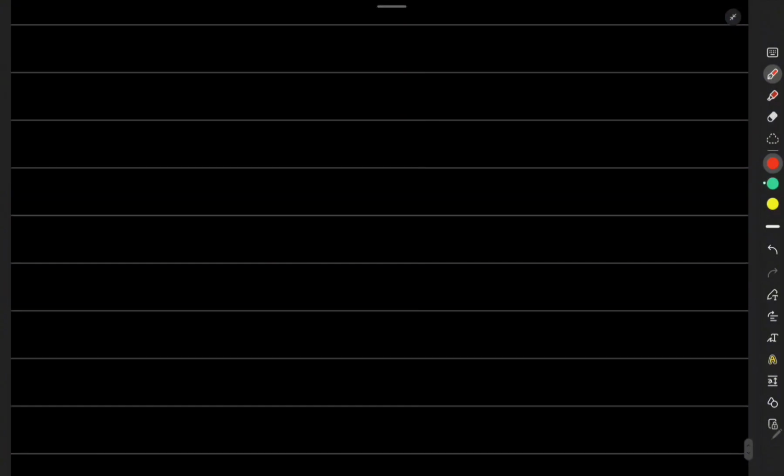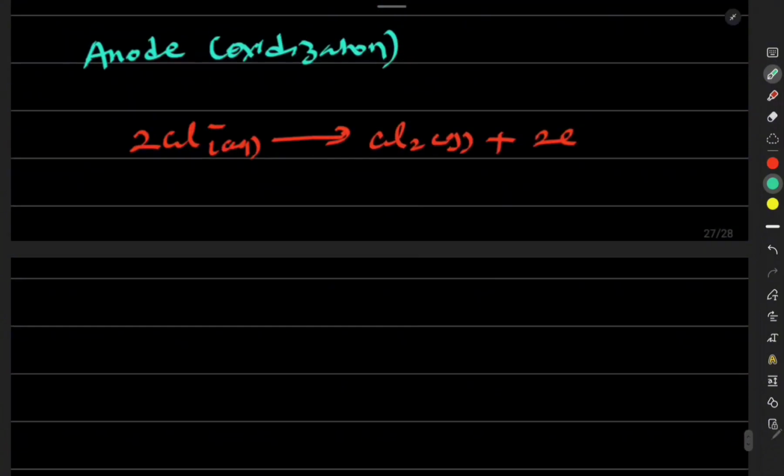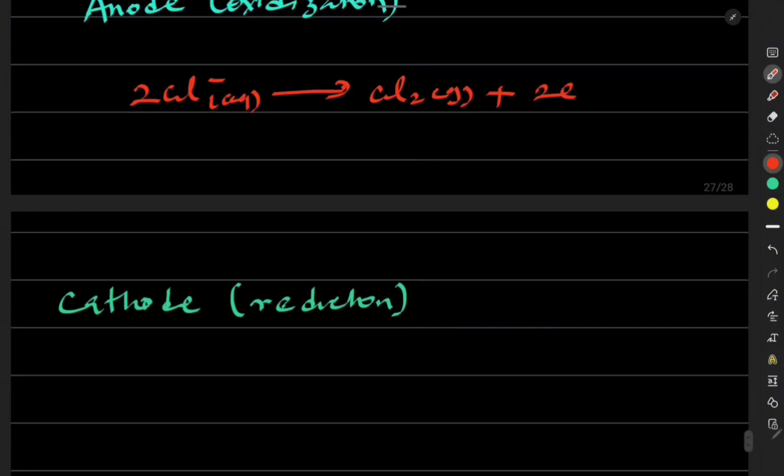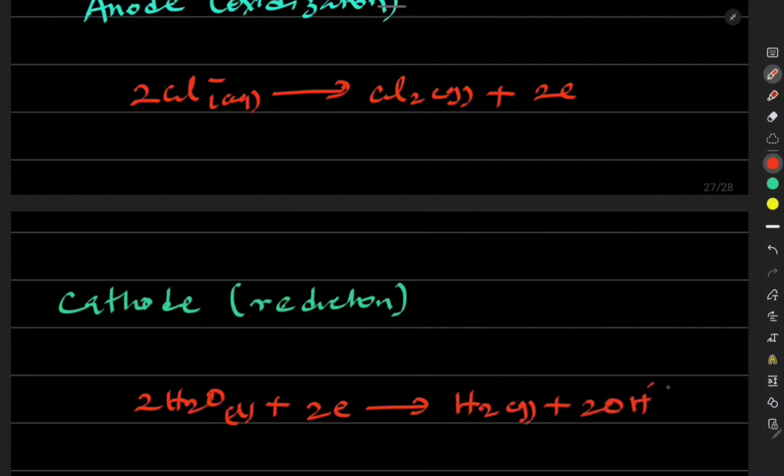The cathode reaction undergoes reduction, and the reaction is 2H₂O(l) plus 2 electrons form H₂(g) plus 2OH⁻(aq).